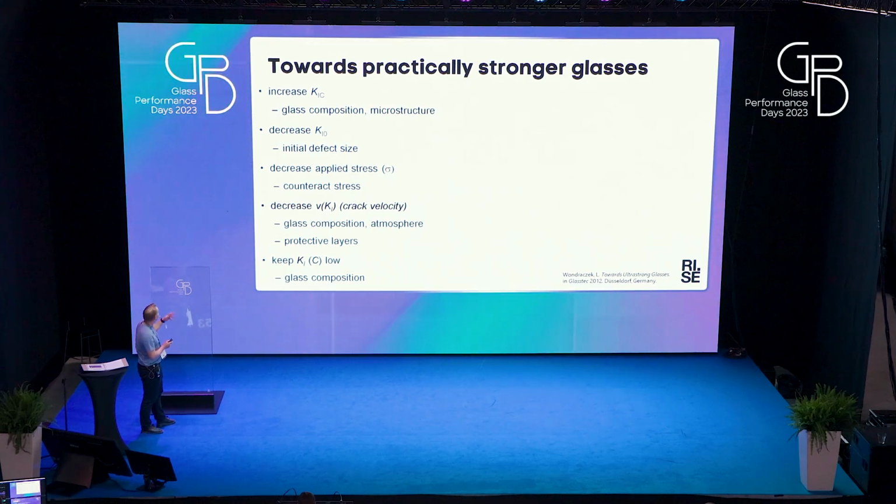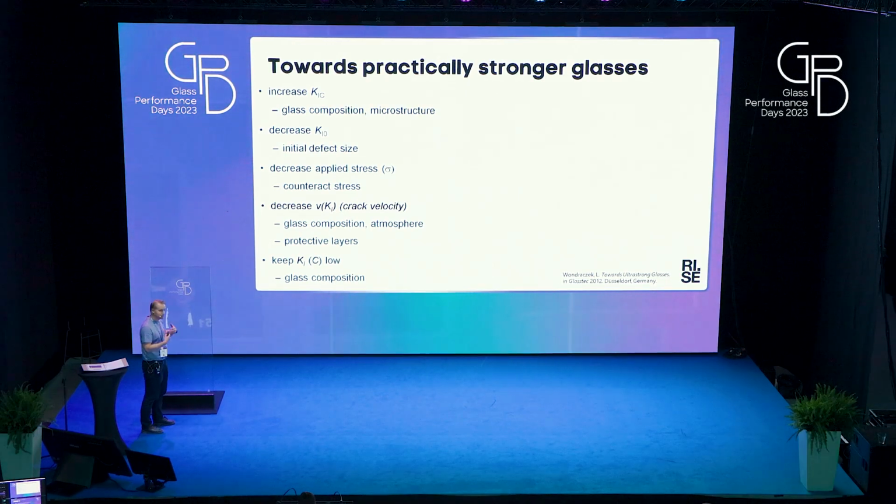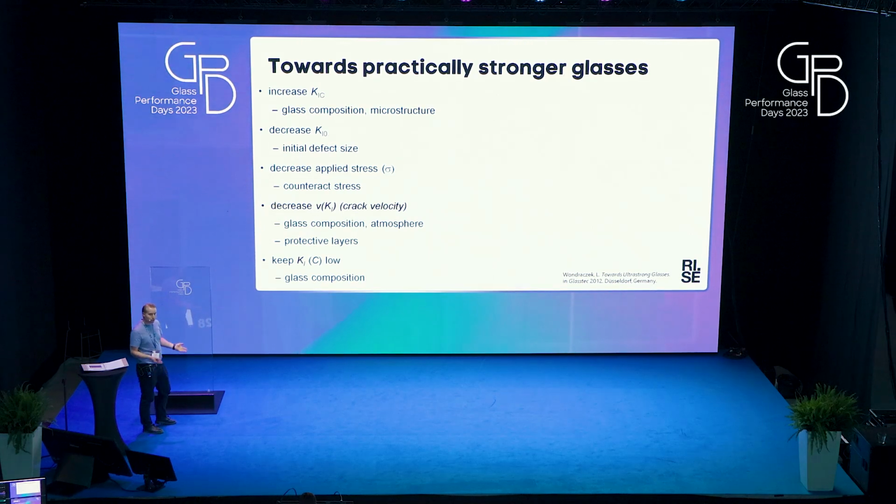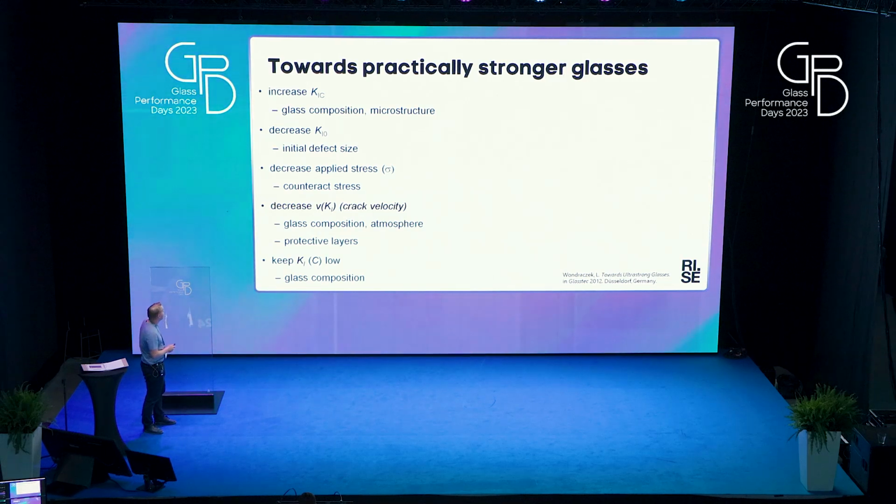And then we can decrease the applied stress, that means counteract the stress. Or we can decrease the crack velocity, the subcritical crack velocity. And that we can do with glass composition or different atmosphere, protective layers. Or we can keep K1, which is a function of the crack depth, basically, low. And that we can also do with the glass composition, optimized glass composition.